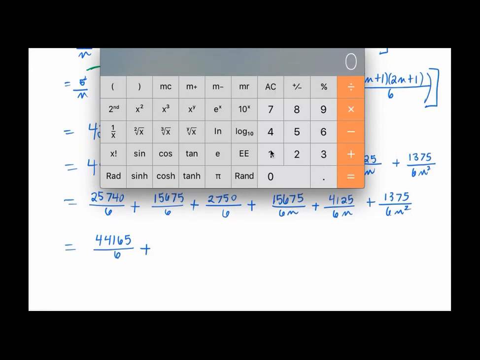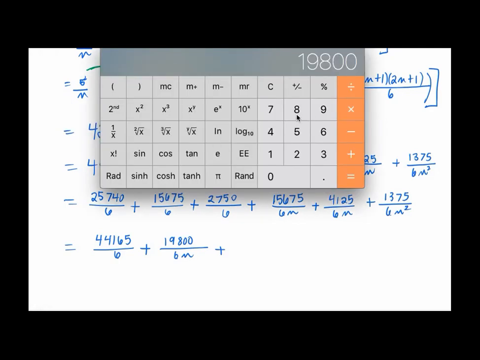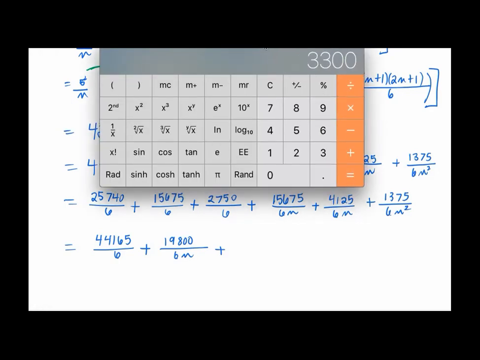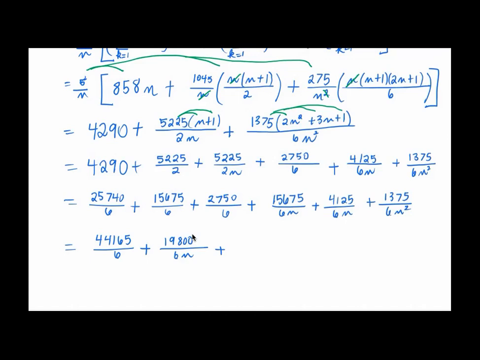And the next two are these two adding their numerators: 15,675 plus 4125 is 19,800 over 6n, which might be divisible by 6. I can certainly reduce that. Let's go ahead and see. If I divide that by 6, yeah, that's the same as 3,300 over n. Let's go ahead and change that to say 3,300 over n right here. And my last one is still 1375 over 6n squared.